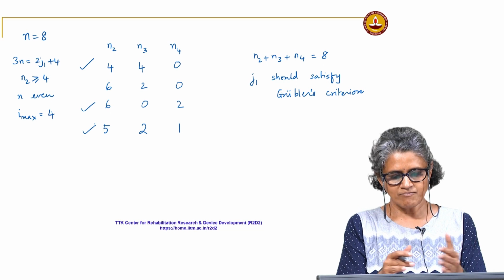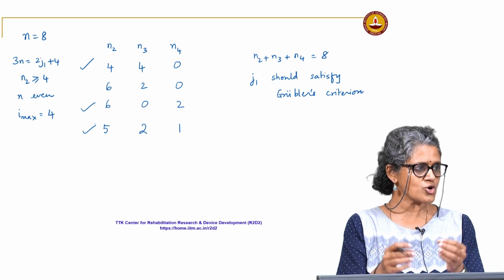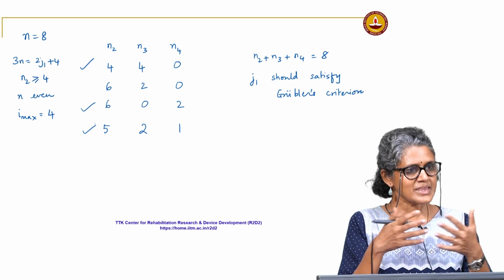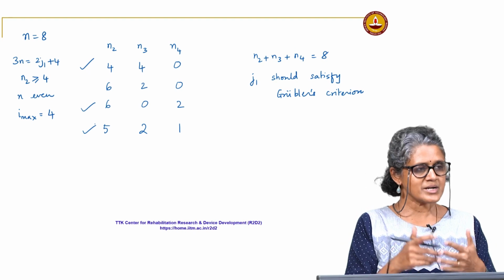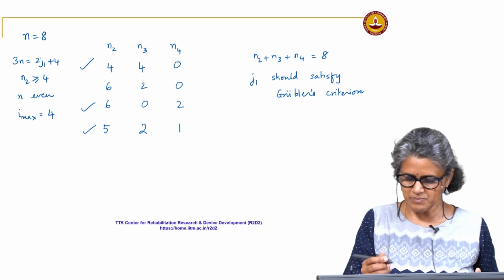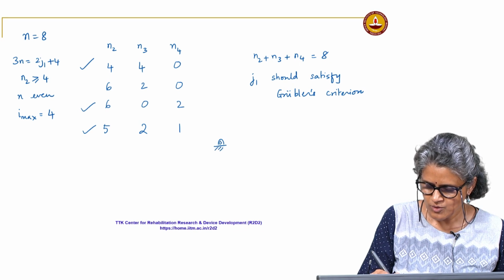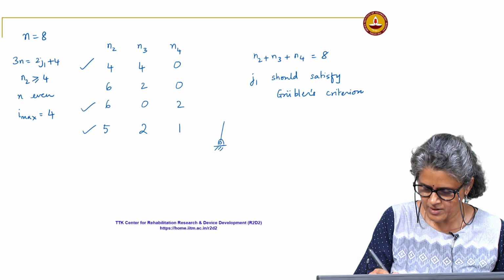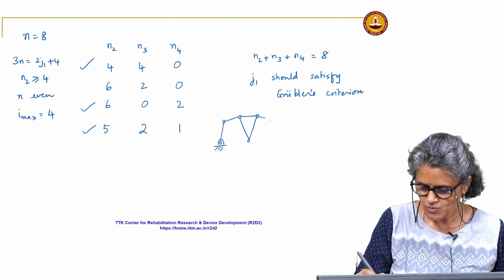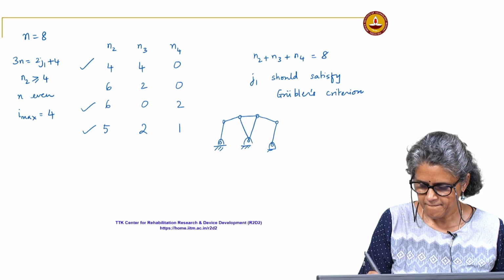But you can sort of modify, you can shrink links, or make nodes collapse, and that will sometimes change the mobility, or it will keep the mobility the same. So, an example of something where you collapse a joint, okay. So, this is your Watt's chain, right.